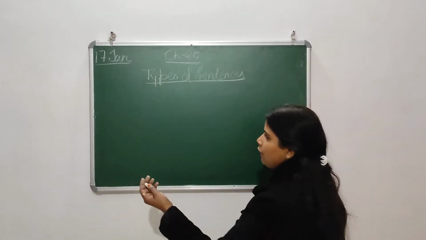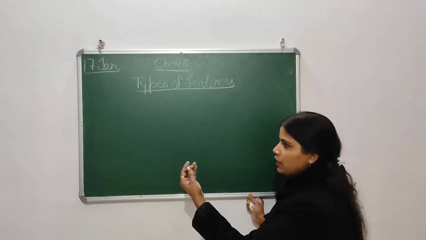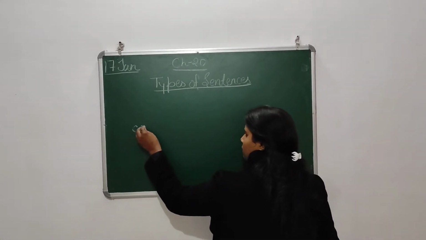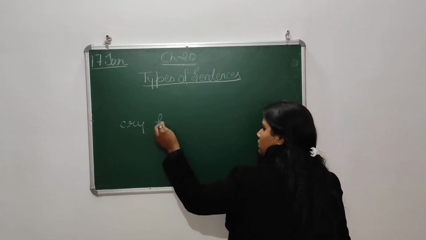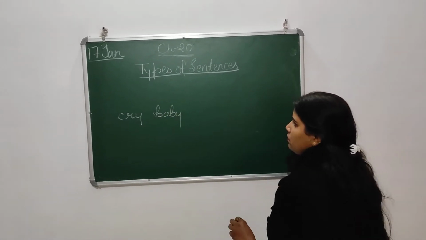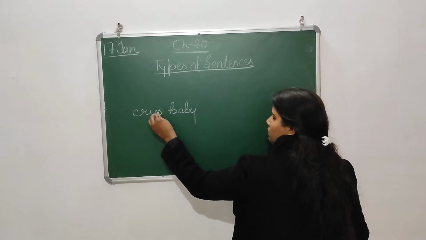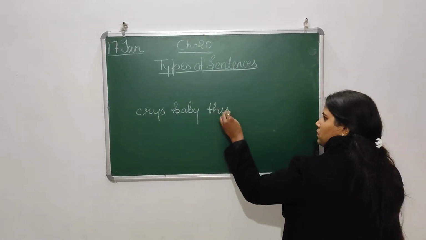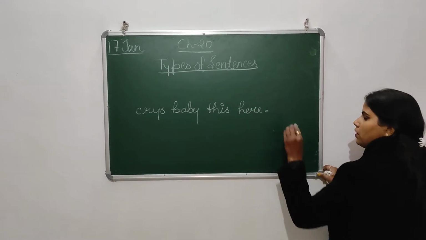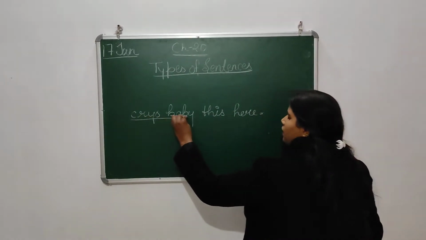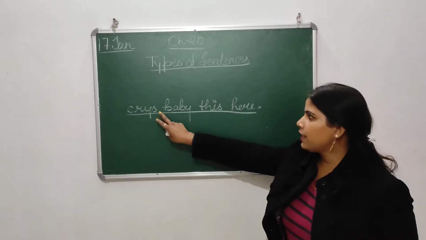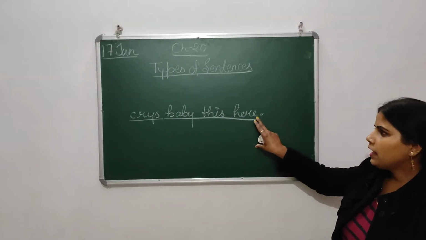Suppose I have written some group of words in a line, like I have written, so in this line I have made a group of words like crash, baby, this and here.